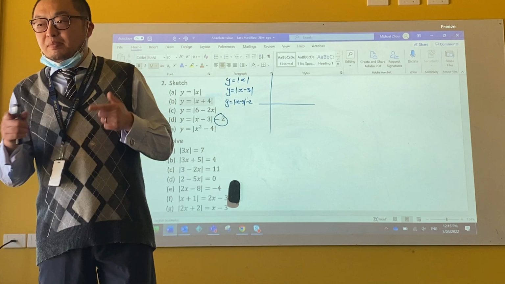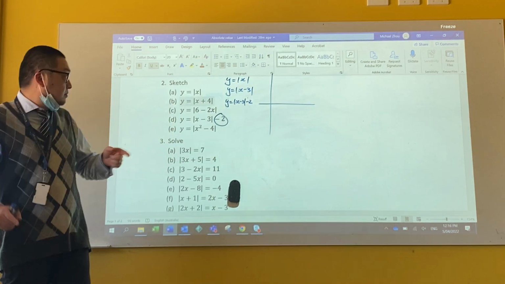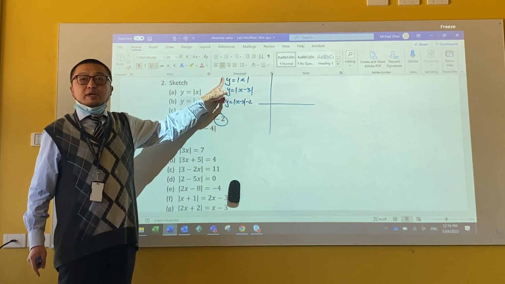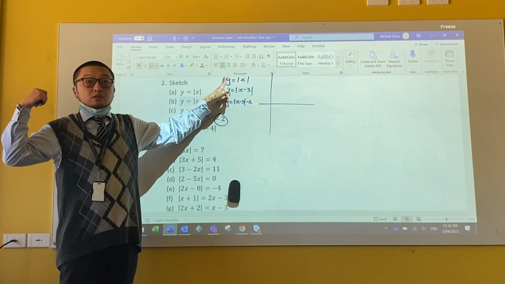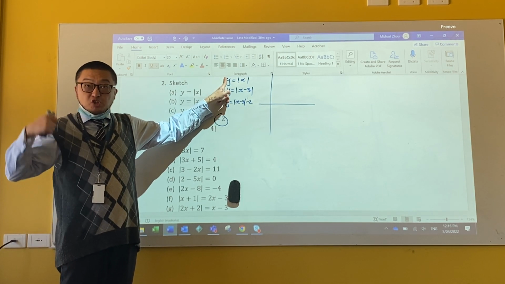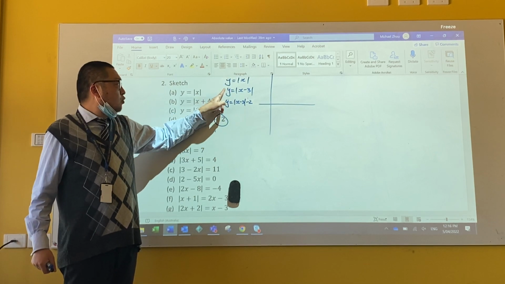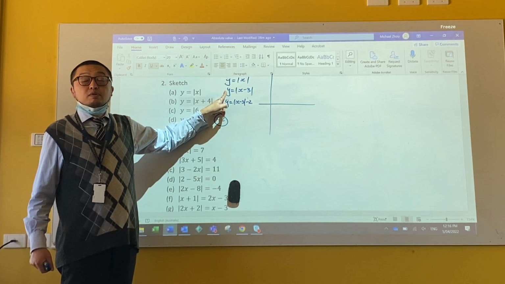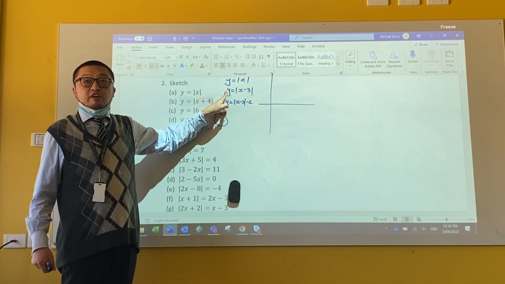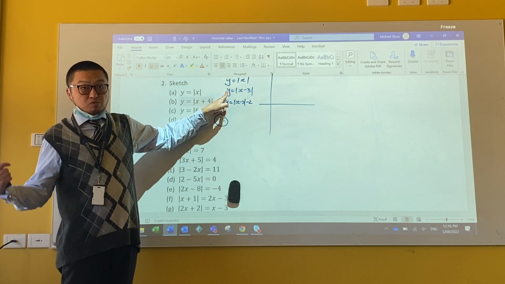How about we break this down into 3 parts, right? This one we can definitely visualize in our head, which we talked about 10 minutes ago when we first introduced the V shape, right? What happened from here to here? It went right. Perfect. I'm moving the V shape towards the right 3 units.